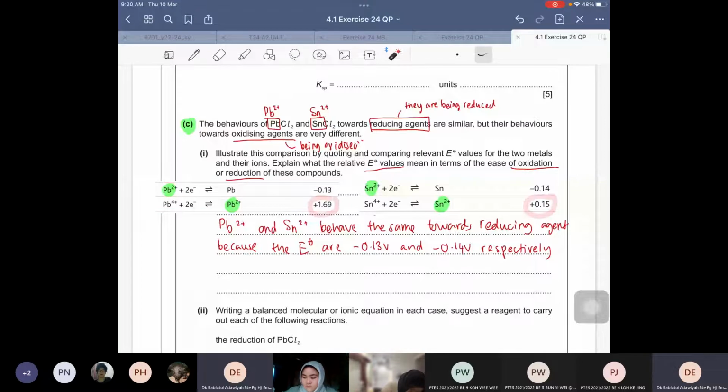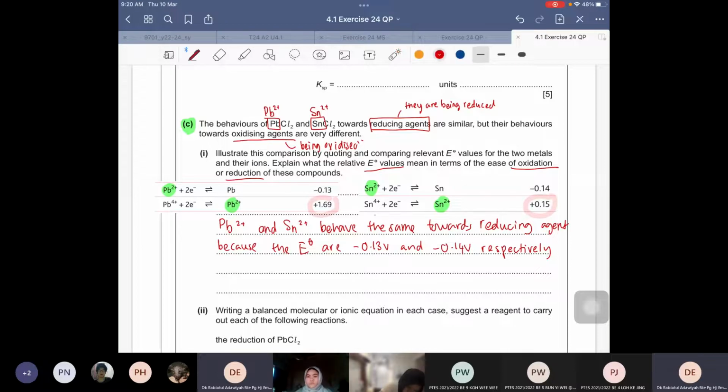Now, if you want to talk about the ease of oxidation, in the early part of these notes, we say that the more negative the E node is, the easier or the more likely it will be oxidized. Okay, so if we compare Sn2 plus and Pb2 plus, it looks like Sn2 plus, since it is more negative, or even though it's not a negative number, but because it is more negative, then it is more easily oxidized compared to Pb2 plus.